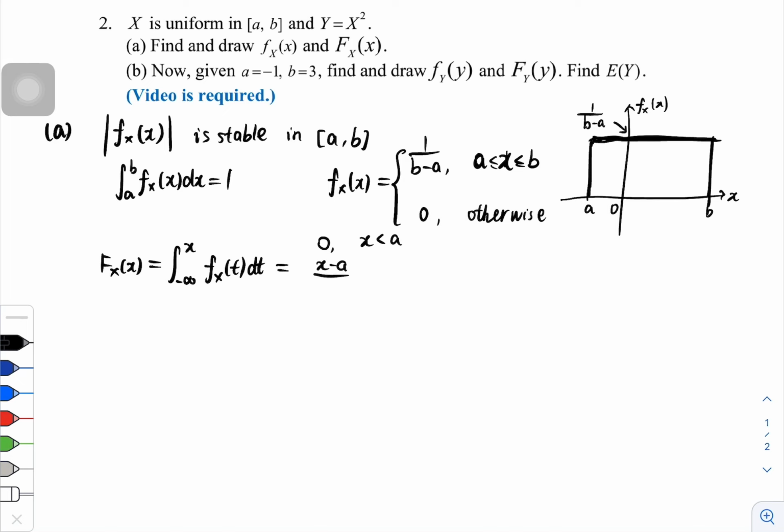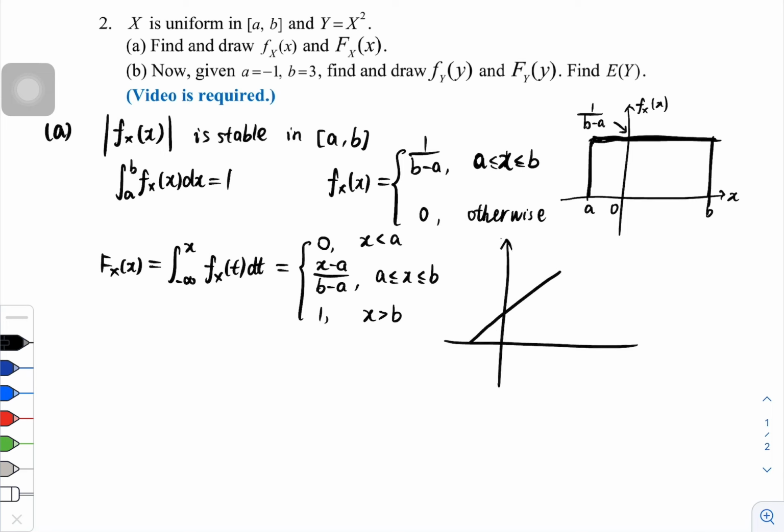It is this if x is inside this range, and 1 if x is larger than b. And the function is simply something like this. This is 1, this is a, this is b.